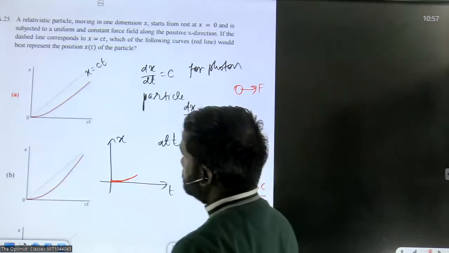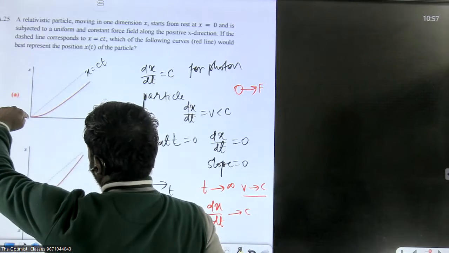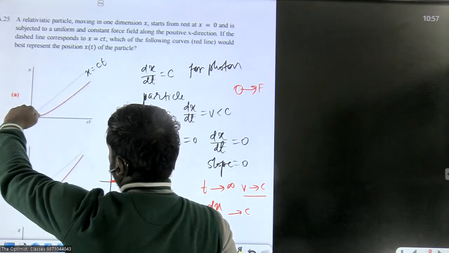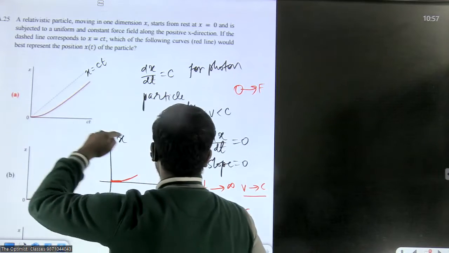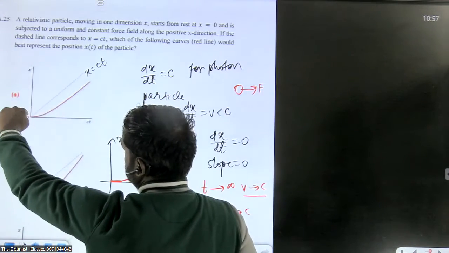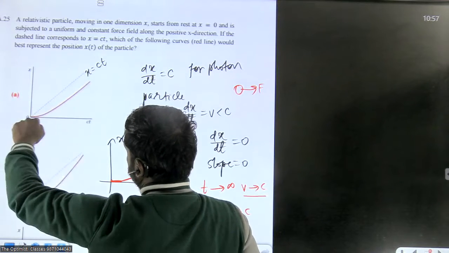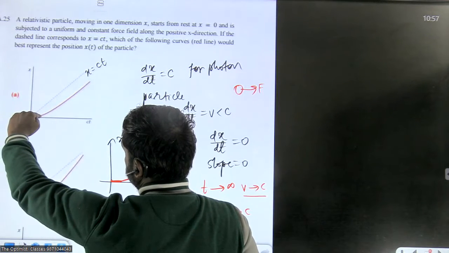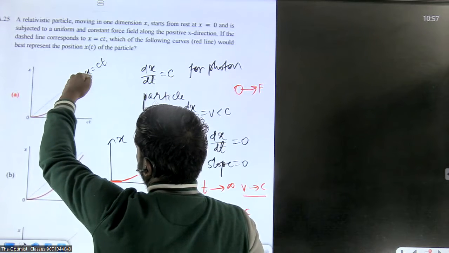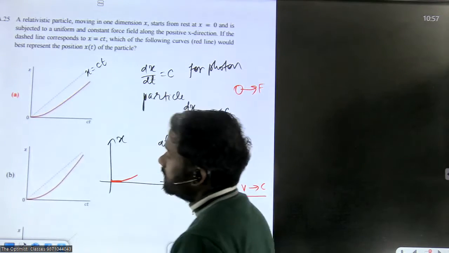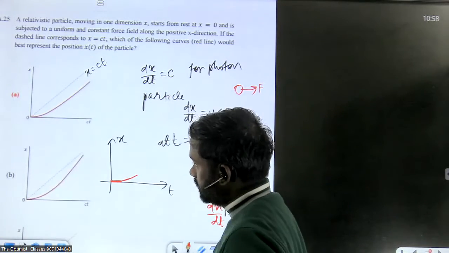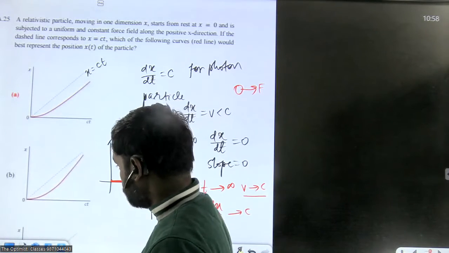So you see in this graph, this solid line starts parallel to the time axis, so slope is 0, which is what we wanted. Then as time increases, it becomes parallel to this line. So this option is most appropriate. It is not becoming parallel here, you see.